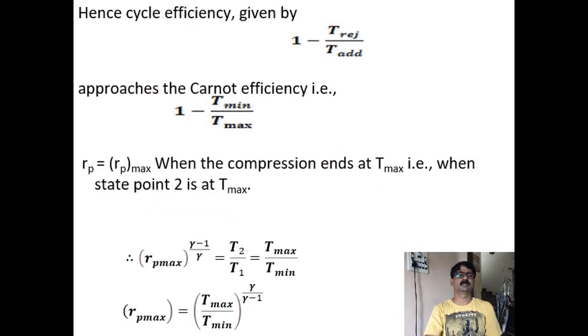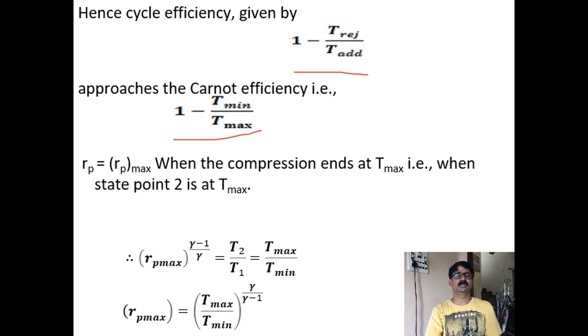Hence the cycle efficiency is given by 1 minus T rejection by T addition. So it approaches the Carnot cycle efficiency, 1 minus Tmin by Tmax. So for the maximum pressure ratio, that means when Rp is maximum, the efficiency of the Brayton cycle is equal to the efficiency of the Carnot cycle.